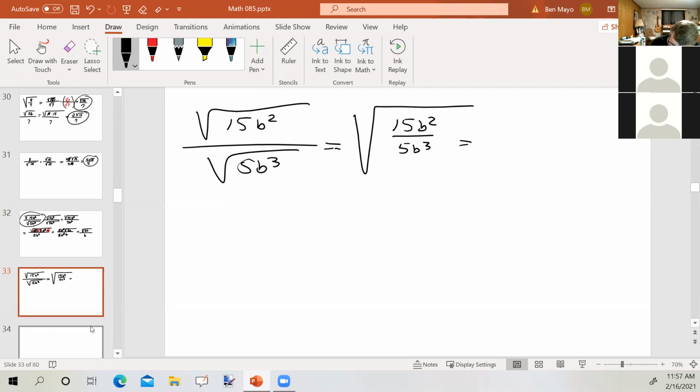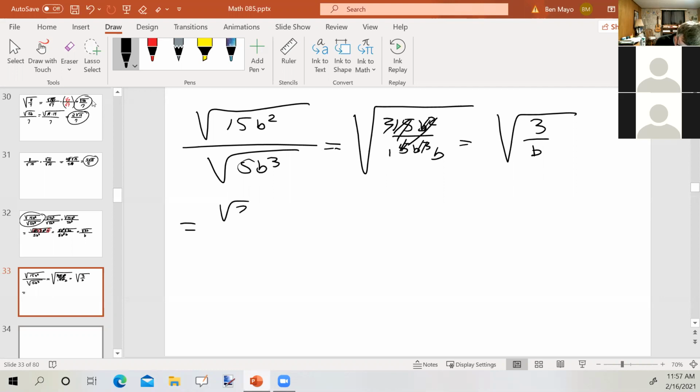I'd have the square root of 3 over b, because 15 over 5 is 3 over 1, and b squared over b cubed is 1 over b.